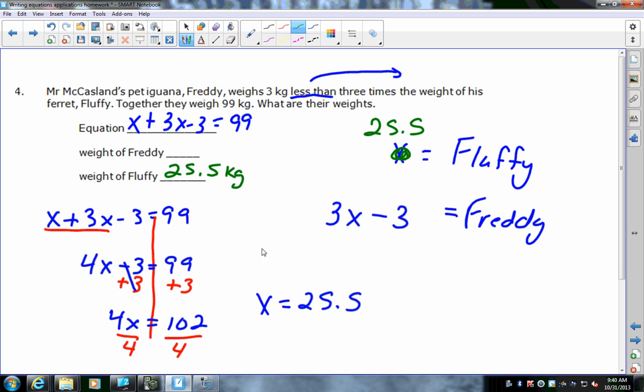Now, Freddie is 3 times 25.5 minus 3. What is that? 73.5? Wait. What's this when you multiply these two together? Is it 76.5?